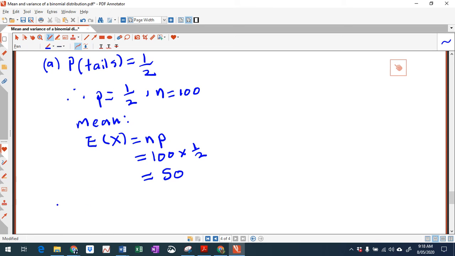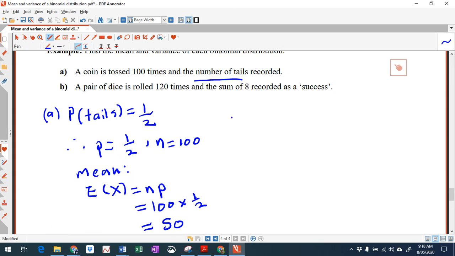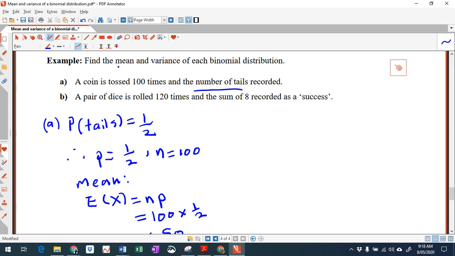All right, now part B. Actually, no, not to part B, because it did say calculate mean and variance. All right, I'll do variance over here. So let's look at the variance. Okay, so variance. Let's just write down the formula that we just proved.